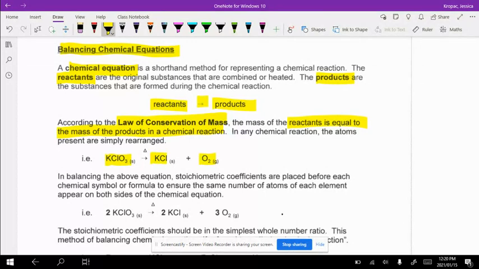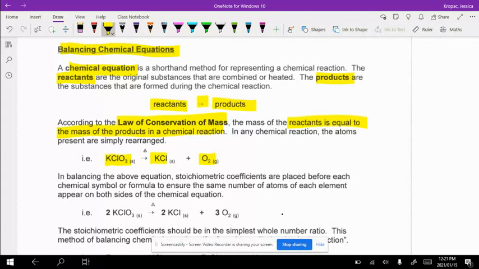All that's happened is the atoms have rearranged themselves. Since the law of conservation of mass is always in play, we have to have equal numbers of potassium on both sides, equal numbers of chlorine on both sides, and equal numbers of oxygen on both sides.